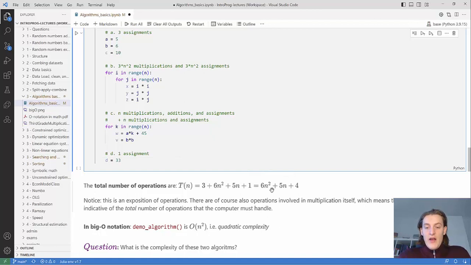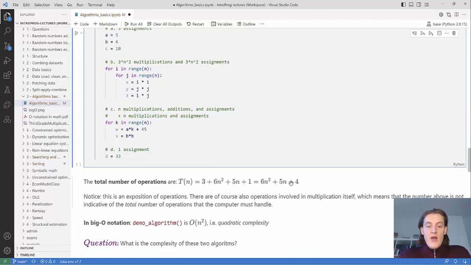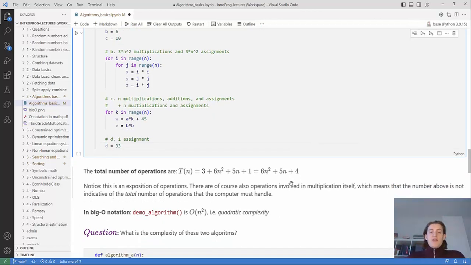And then you can sort of add these together. In big O notation, this large equation will translate into n to the power of 2, because we don't care about these lower order terms, and we don't care about the 6, because the main thing we care about is the order of how the complexity evolves.